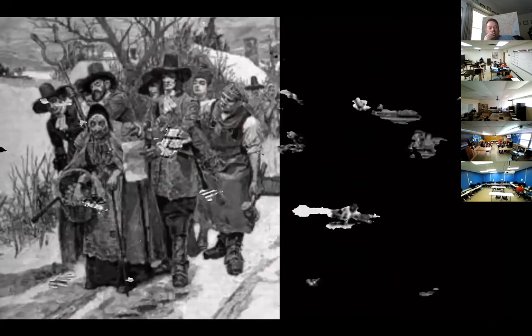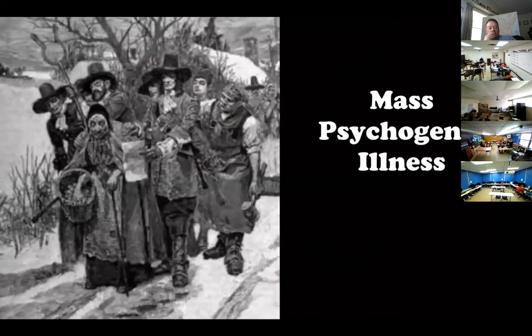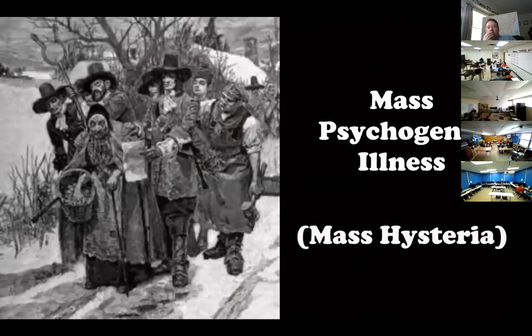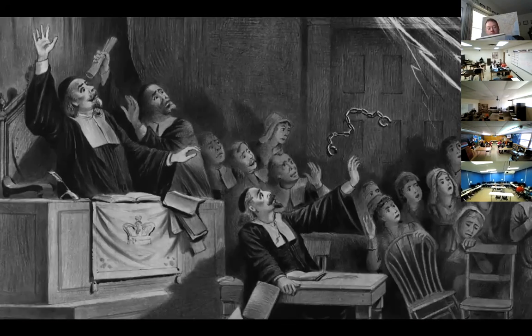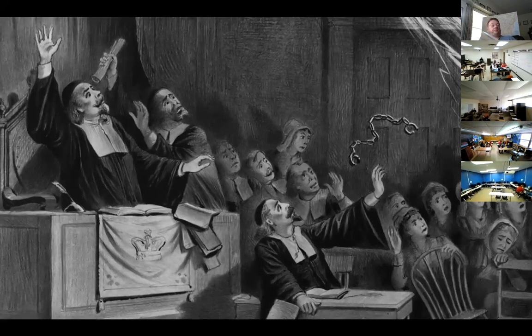No one is quite sure what caused the sudden panic over witches in Salem Village and nearby Salem Town in 1692. Some have simply attributed this to mass psychogenic illness or mass hysteria. Rampant accusations and fear fueled the frenzy which eventually led to the executions.